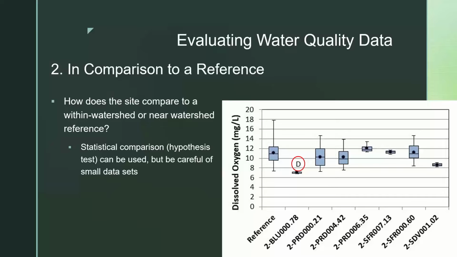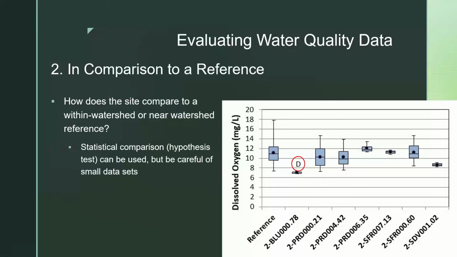And you can do statistical comparisons between that particular reference location and each of your TMDL stations. In this particular example, we had a reference station here. We're looking at dissolved oxygen, and this particular station, the D there indicates the statistically significant difference between dissolved oxygen at that station versus the reference.